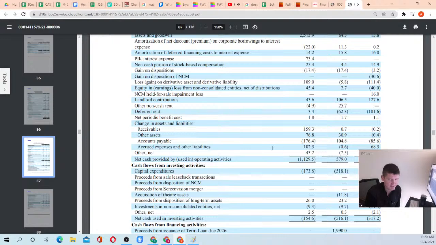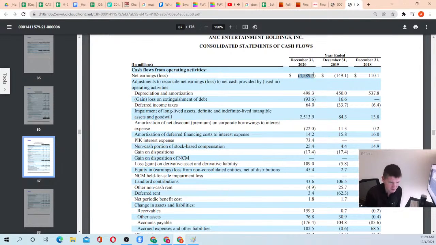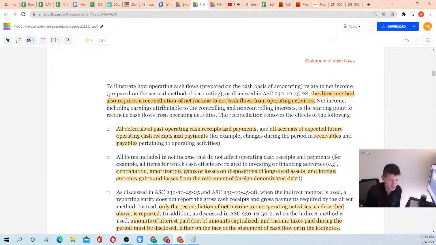And when we do the direct method, the standard requires us to reconcile cash flow from operating activities to net income, which is basically the same procedure. So with the direct method, you basically do your cash flow twice, and that's why no one is doing that.